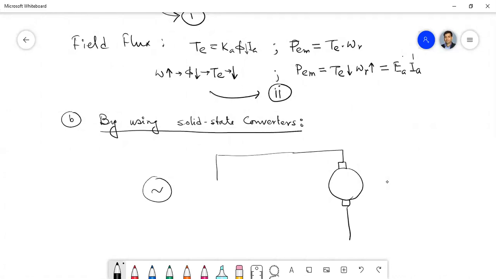I think rectifier, by using rectifier with filters. Simple rectifier, let us say. So the thing which I am drawing here is basically a bridge rectifier.